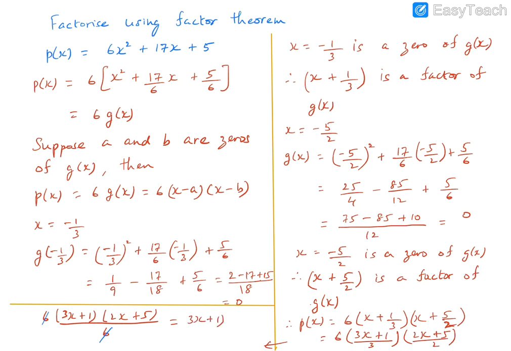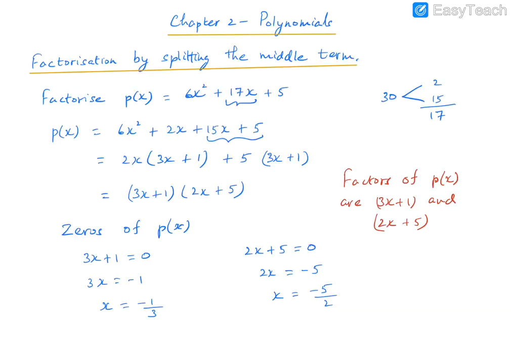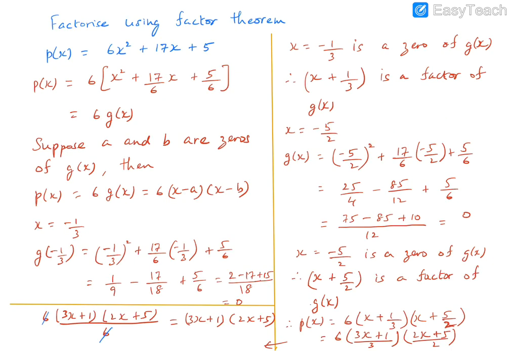Okay, so 3x plus 1 into 2x plus 5, which is the same answer we had in our previous method. So 3x plus 1 into 2x plus 5, those were the factors of the polynomial p of x, and we have obtained the same answer as the factors for the polynomial p of x using the factor theorem.